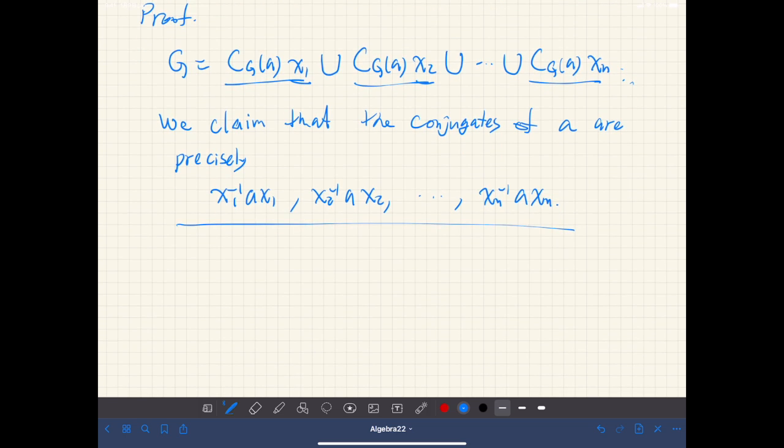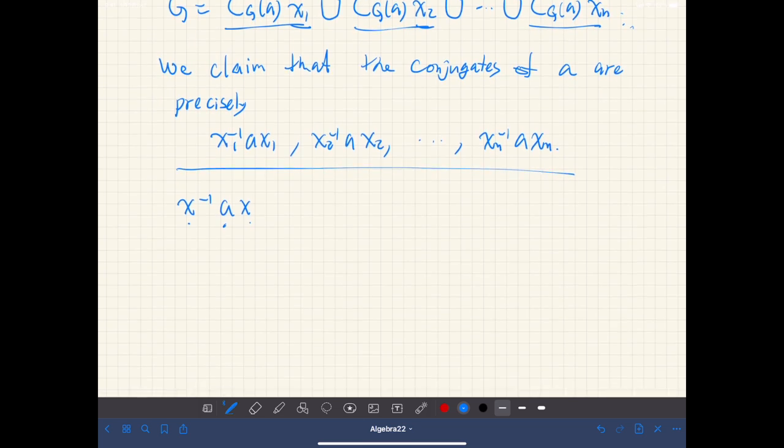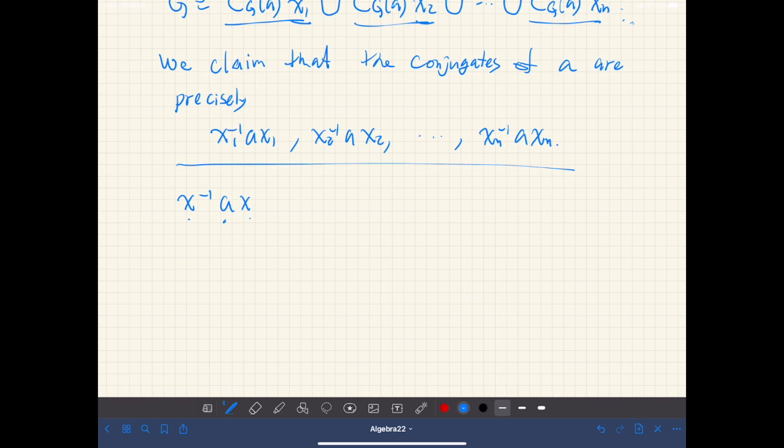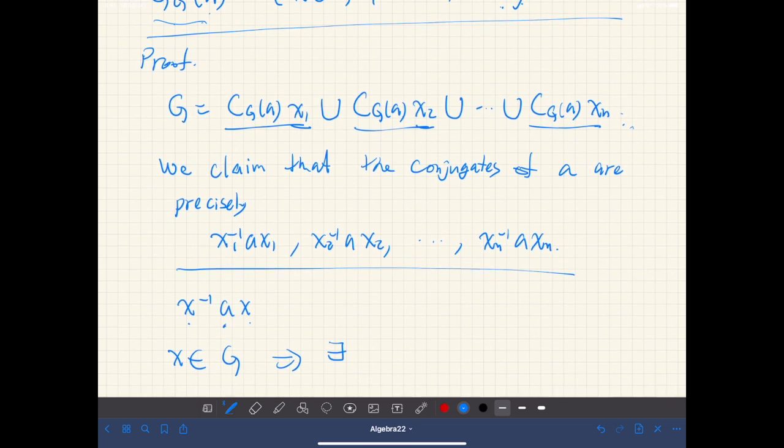Any conjugate of A is expressed as x inverse times A times x. If x is an element of G, it must belong to one of these cosets.